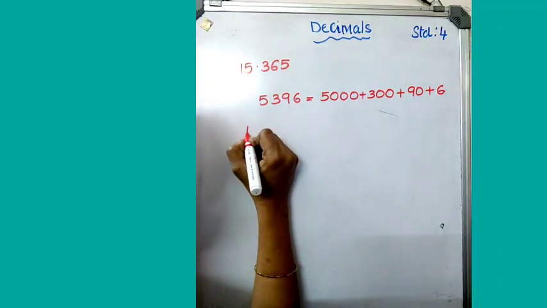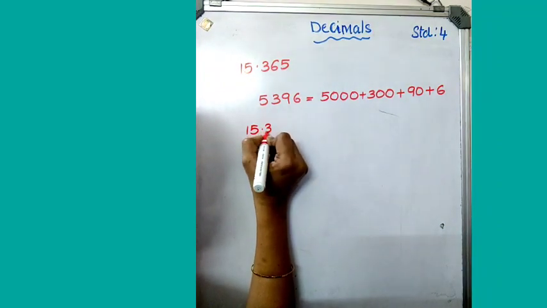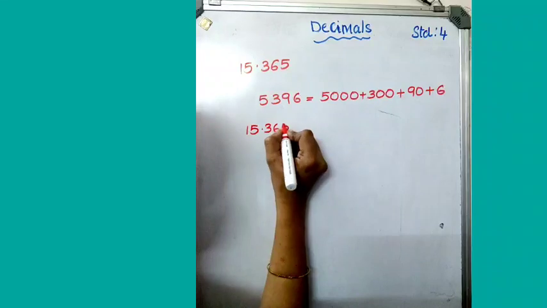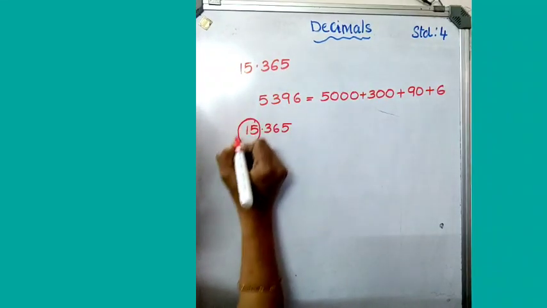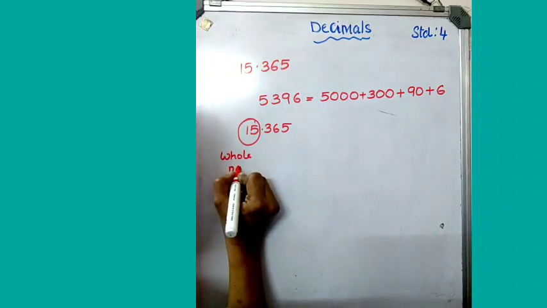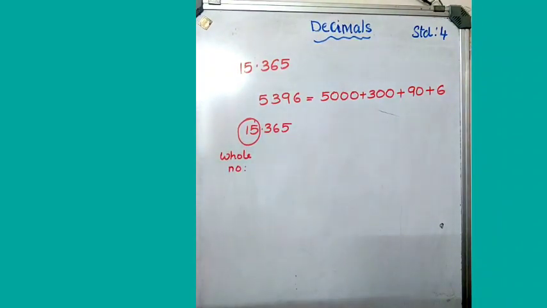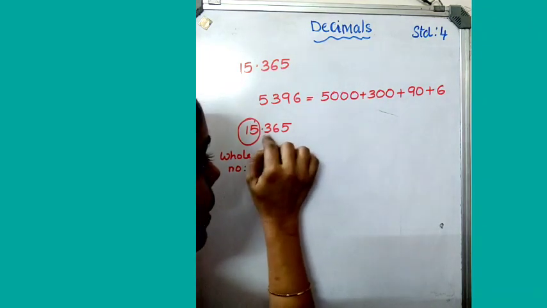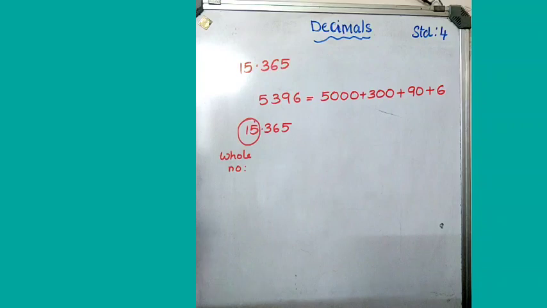We know that in 15.365, this is the whole number. So no need of expanding this. We have to expand this part. How will you expand?